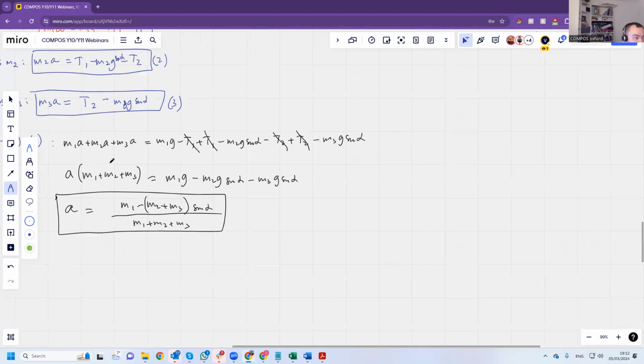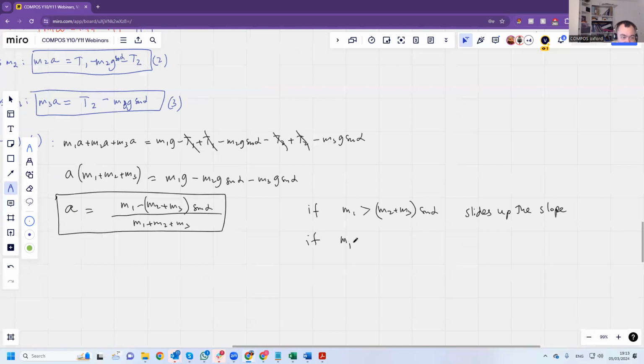And you can clearly see that if m1 is greater than (m2 plus m3) sine alpha, then it slides up the slope.